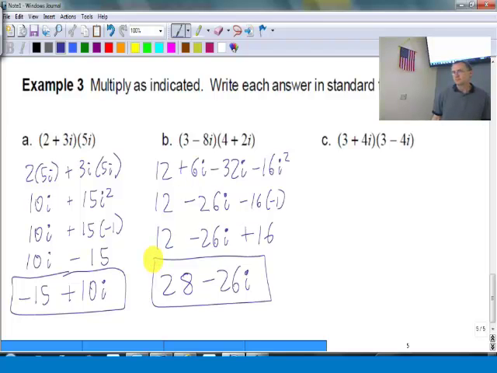That's one of those problems. Square the first one, right? The C part is special. There's something really special about the C part. A plus bi, a minus bi.